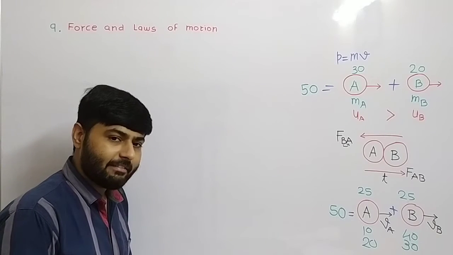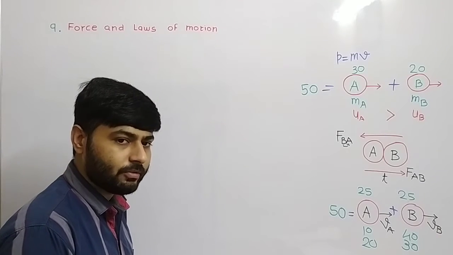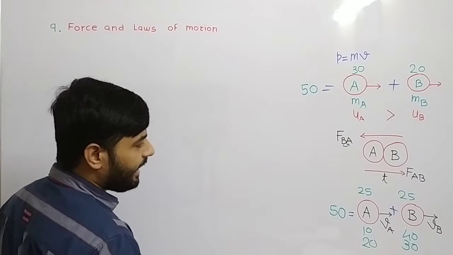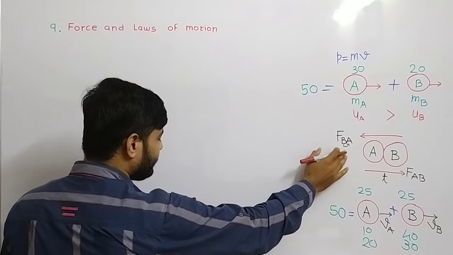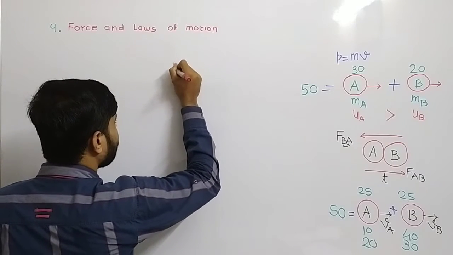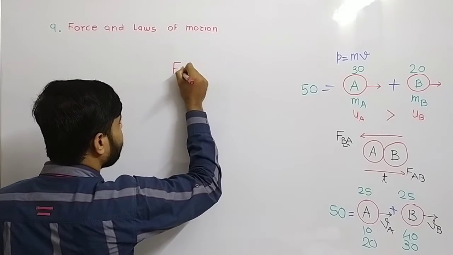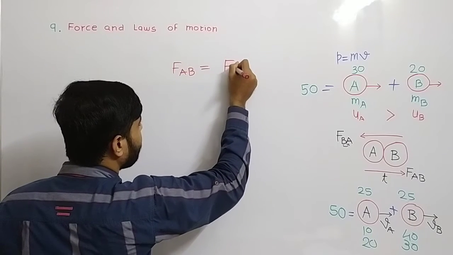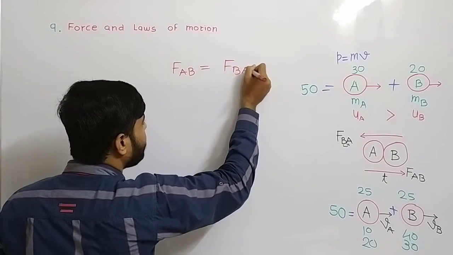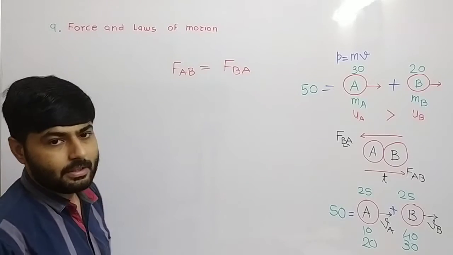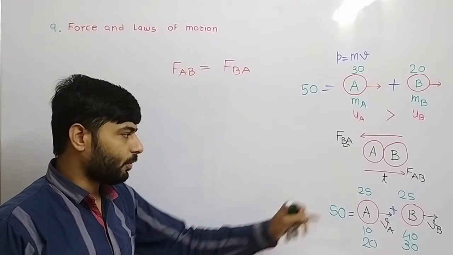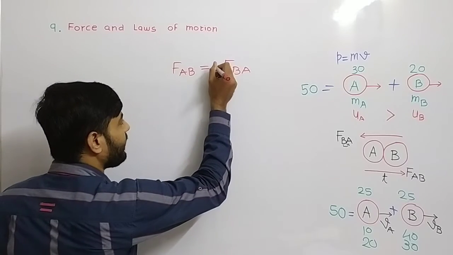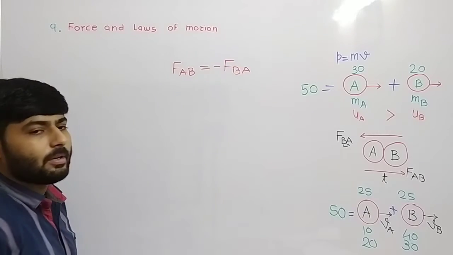So we have the derivation of conservation of momentum. We start our derivation with this step, that is FAB is equal to FBA. But the direction of force is different here, so I put a negative sign here.